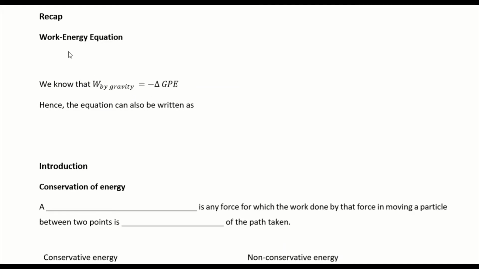In the previous lesson, we know that the work energy equation tells us that the total work done by all the forces, including the weight, will be equal to the change in the kinetic energy, right? When we further explore this equation, we realize that for an object that moves in vertical motion, say under a free fall, the distance from the ground to the initial position of this object is given as x.